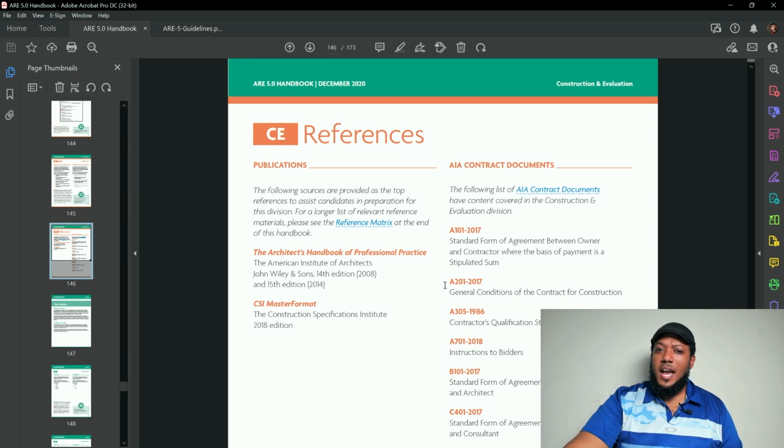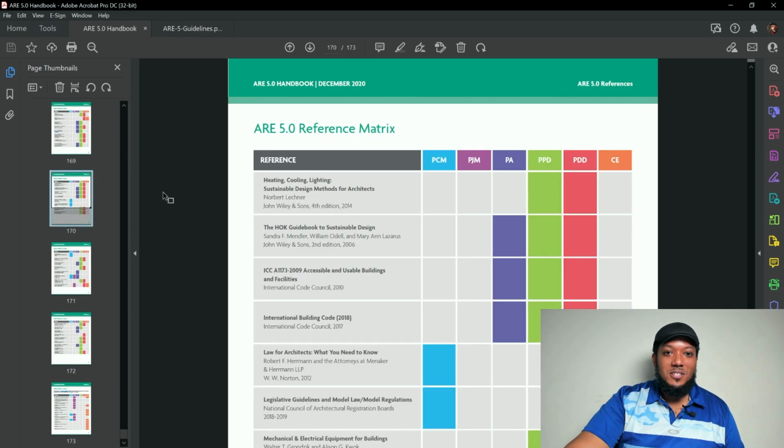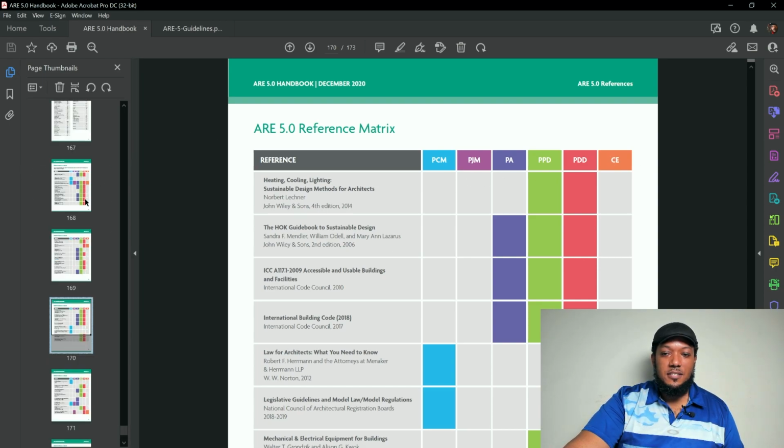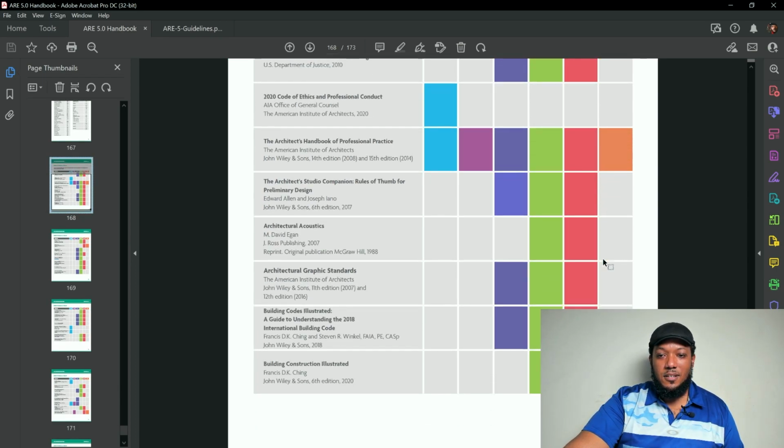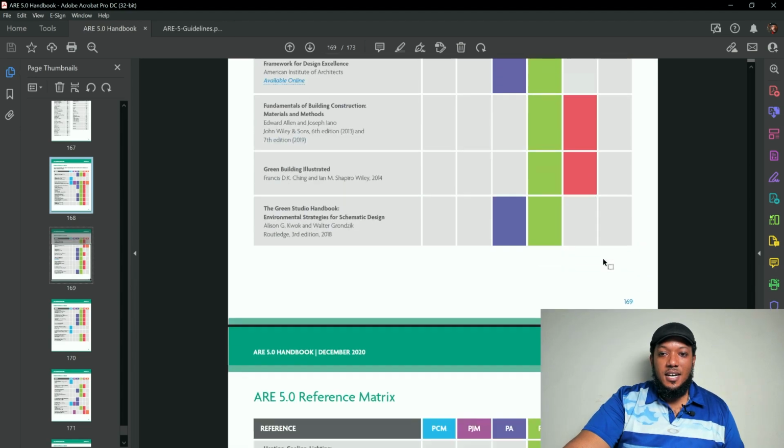Okay, so how do you bid this? There is also the reference matrix, which in the handbook you can just click and it will take you there. There's a reference matrix at the end, and it tells you different things that are good reading sources: the Architect's Handbook of Professional Practice, CSI MasterFormat.